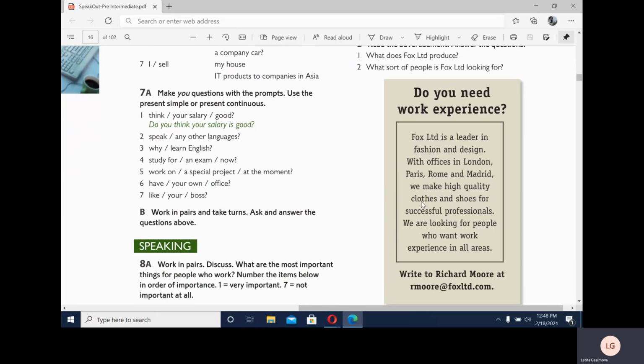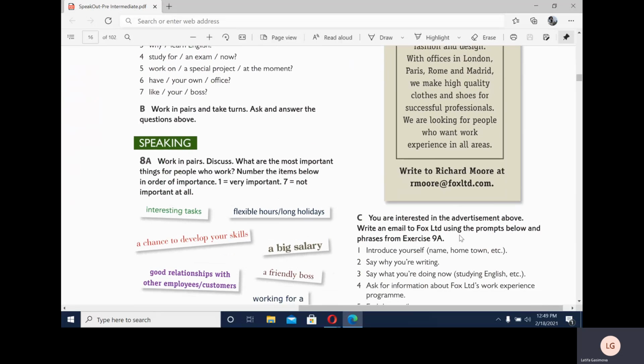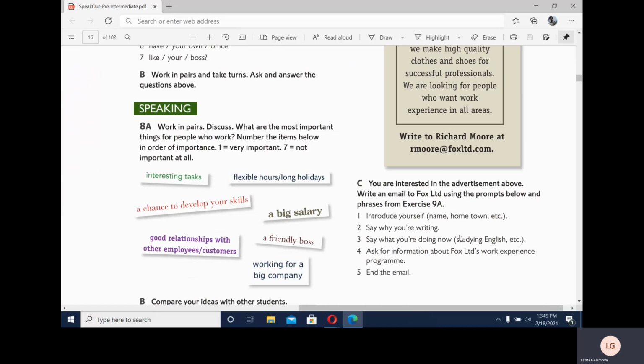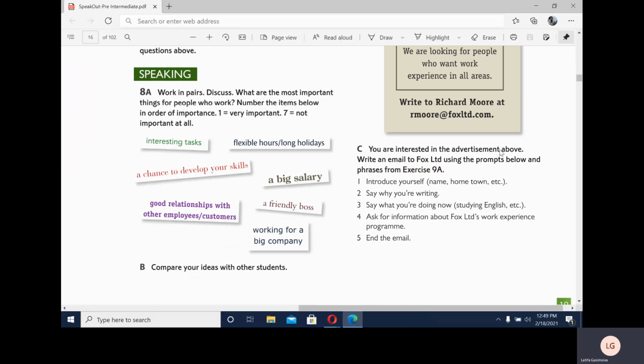We make high-quality clothes and shoes for successful professionals. We're looking for people who want work experience in all areas. So for this, you have to write to Richard Moore at rmoore@foxltd.com.